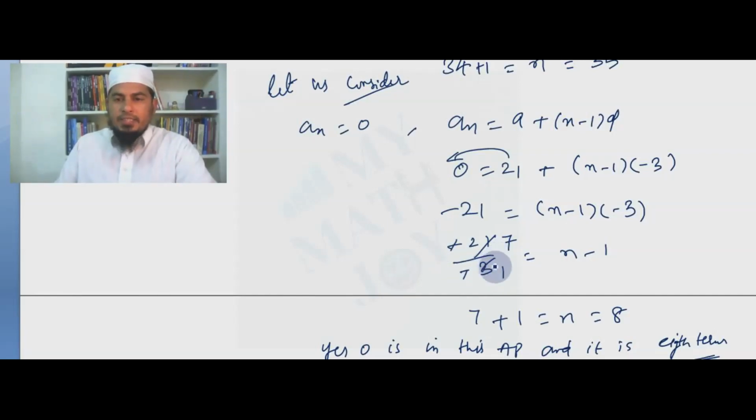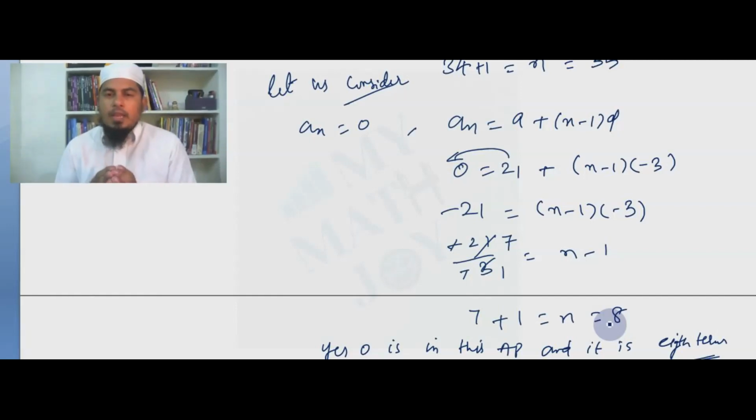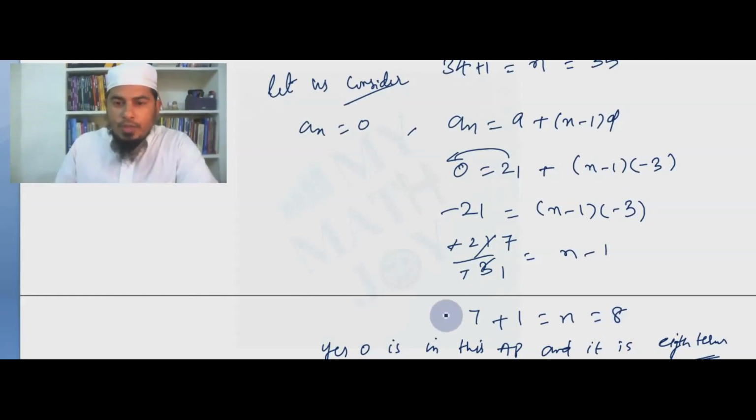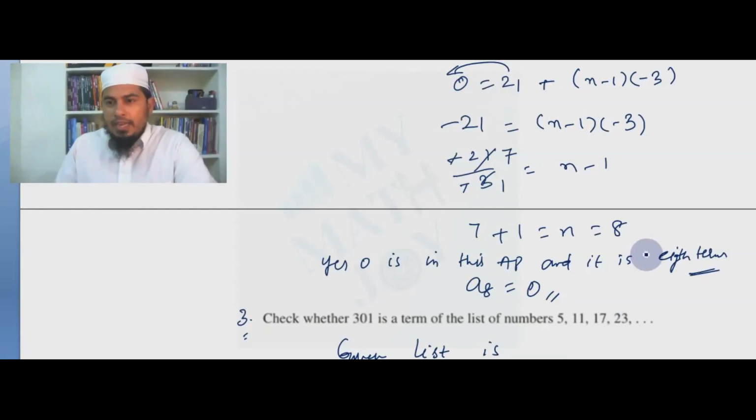Minus minus cancel, 3 times 7 is 21, exactly 7 is equal to n minus 1. Minus 1 is transposed, we got n is 8. So we got a positive integer value. It tells me that 0 is also in this AP, and it is the 8th term of this AP.